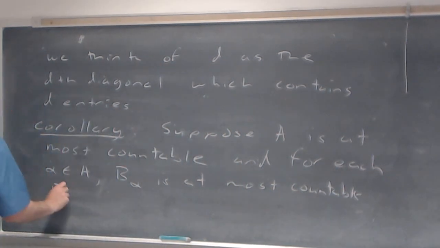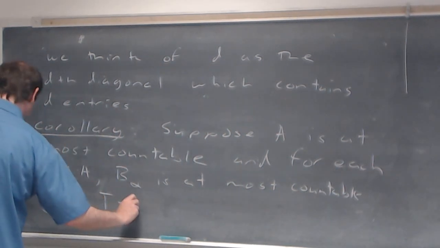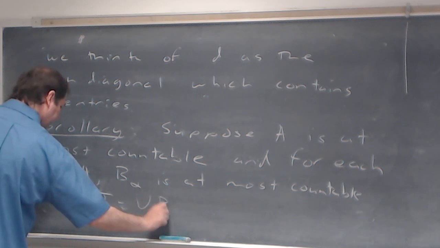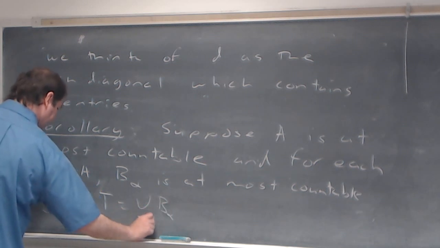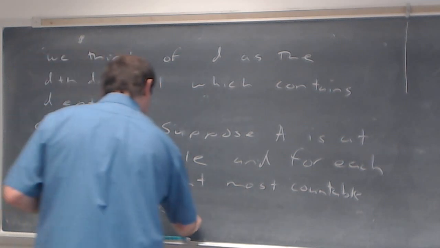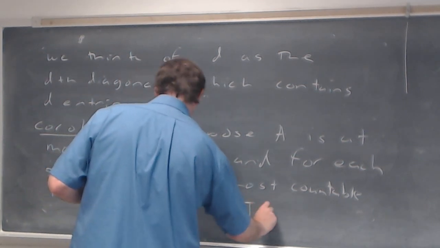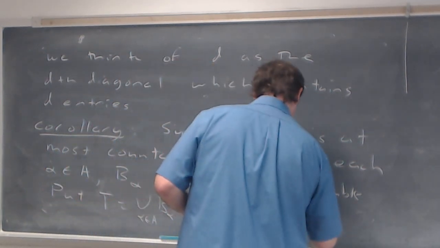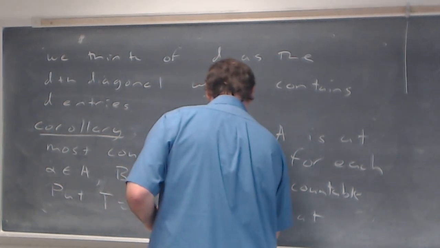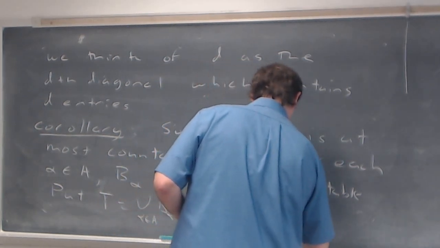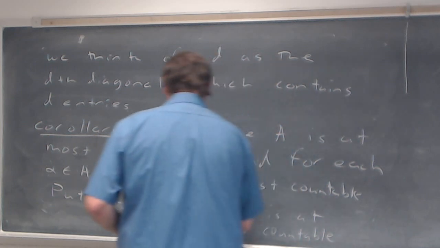Then put T equal to the union of the B alphas as alpha ranges over A. Then T is at most countable.